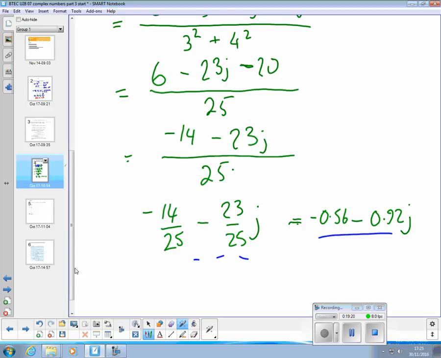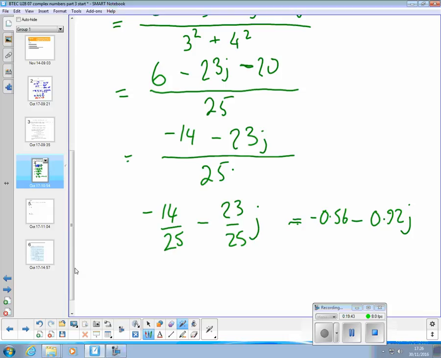Alright? As a fraction, like you said, it's minus 37 over 25j. Where did you get minus 37 from? You can't combine those two together, because that's a real part and that's an imaginary part. They have to stay separate.